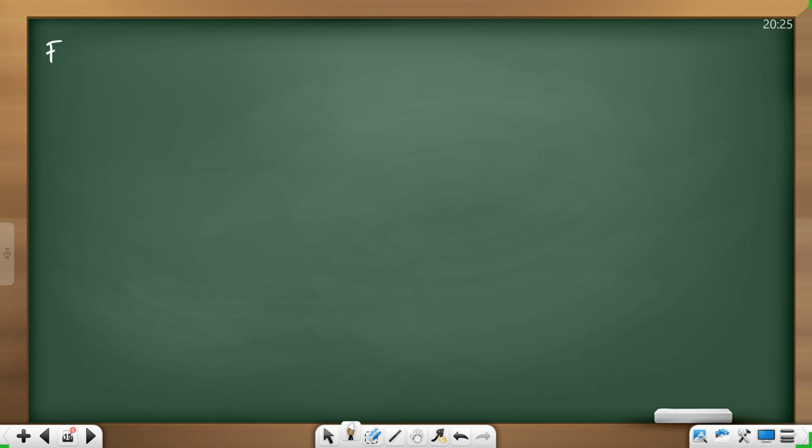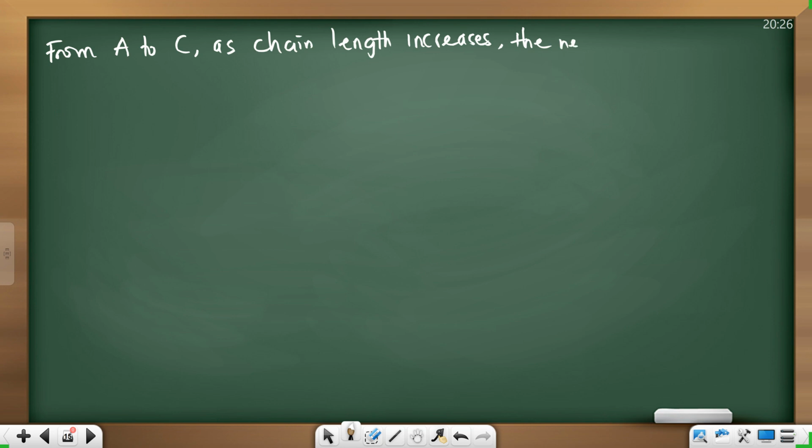All right, from A to C, as chain length increases, I like to use the word net. You could use it as well. The net intermolecular force, or you could say the net van der Waals force, or you can say the London force. But it's important that in this case, please mention that force.